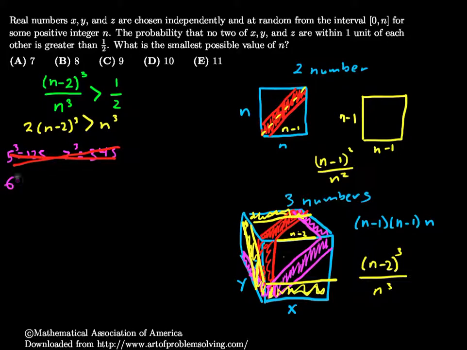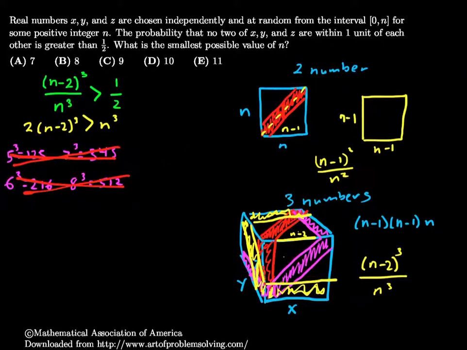6 cubed is 216, and 8 cubed is 512. And 216 times 2 is 432, which is not bigger than 512.